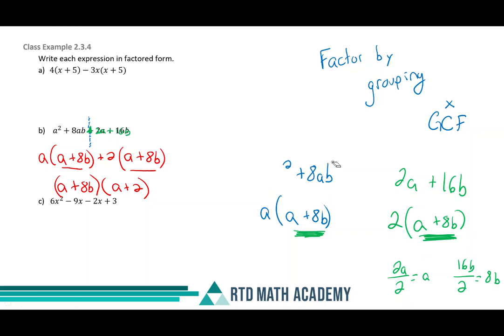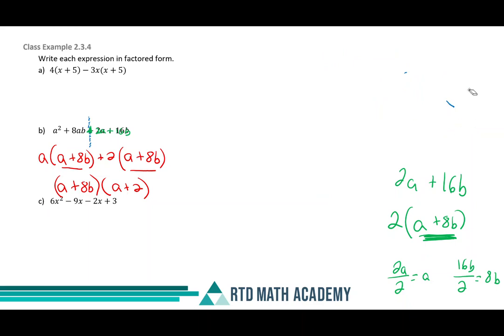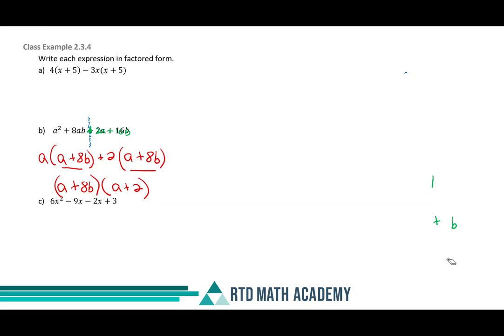Now, you know me. I'm going to check by expanding it out. So let's see what happens if we expand these out and collect our like terms. What I want to get to is a squared plus 8ab plus 2a plus 16b. I have a plus 8b.